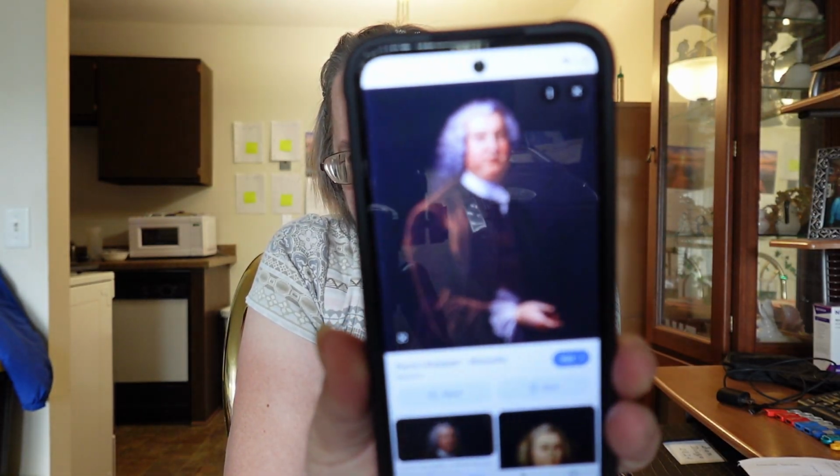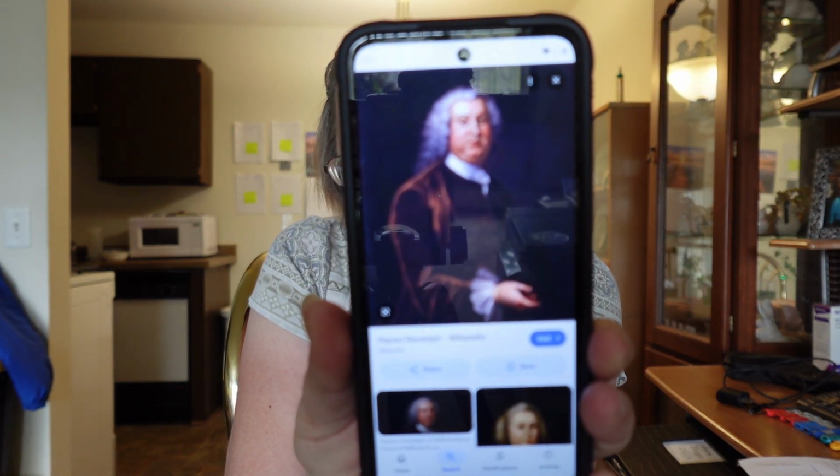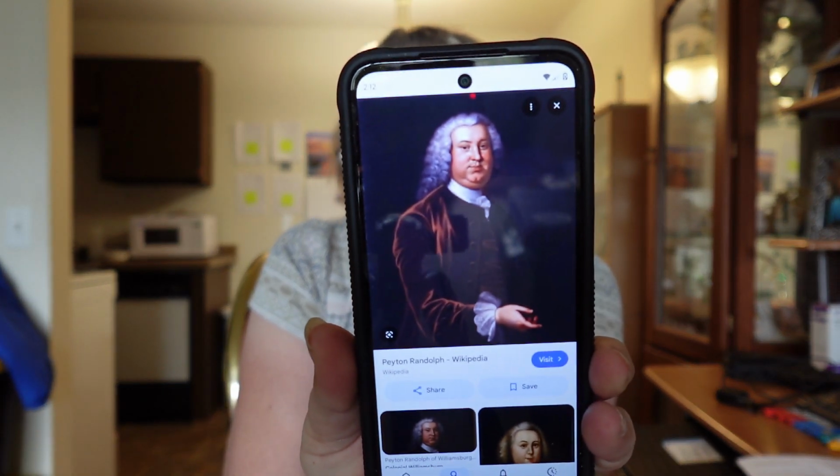So let me show you a picture of Peyton Randolph. He was kind of a chubby guy. Here's a picture, sorry, trying to get the glare off of that. So that's Peyton Randolph. He was considered technically our first president prior to George Washington.